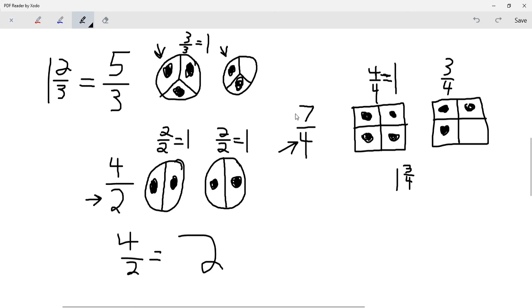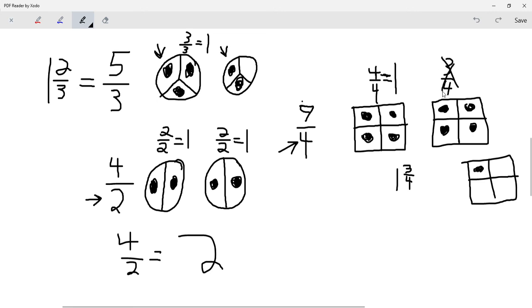And let's say that instead of 7, this was 9 fourths, just to give you an example. I would do 8, so this would be 7, this would be 8, and this would be 9.